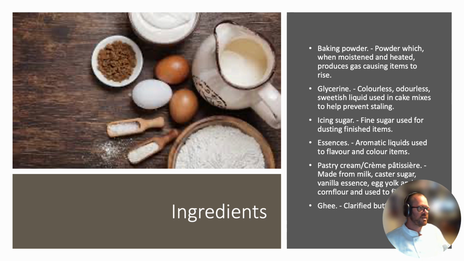That last one there is ghee, which is clarified butter. I guess the reason you might use ghee is just if you don't want any milk solids or water in your butter, right? So clarifying it takes all of that out.